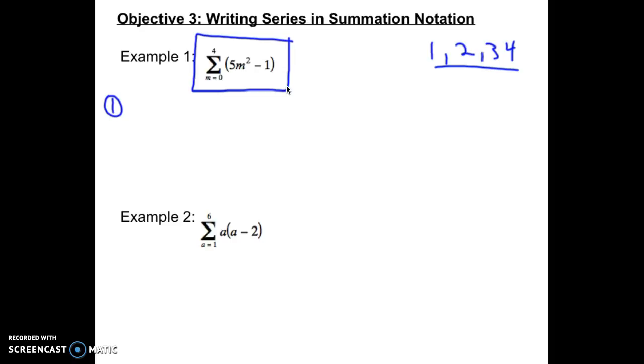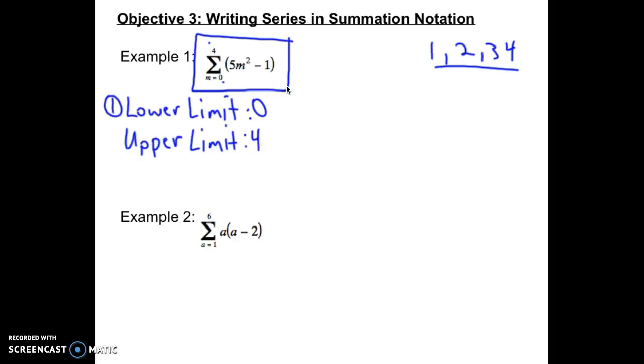So, all I need to know is I need to identify the lower limit. If I was going to model how to do this for you, the lower limit in this case is 0. And then I need to identify the upper limit, which is 4.